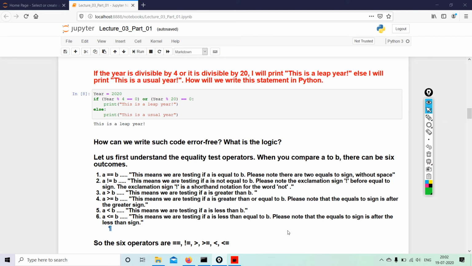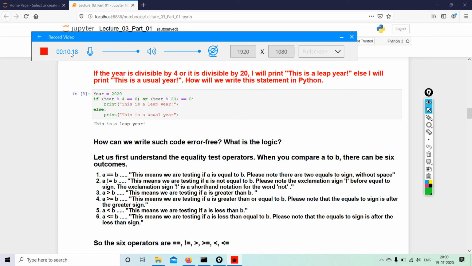So A equals equals B, A not equals B, A greater than B, A greater than or equals B, A less than B, A less than or equals B. Those are the 6 operators. Please reiterate this in your mind again and again so that you're absolutely thorough. We stop here.